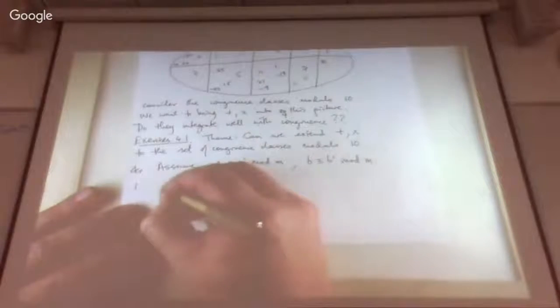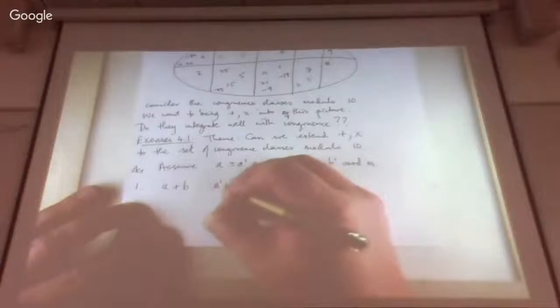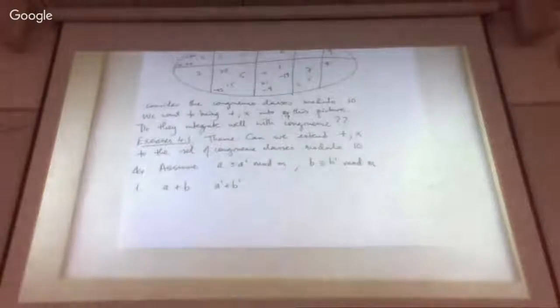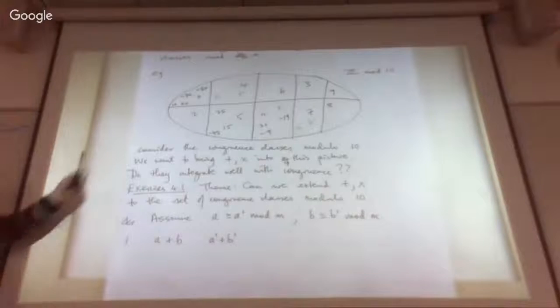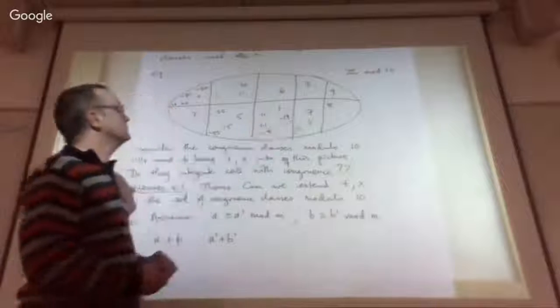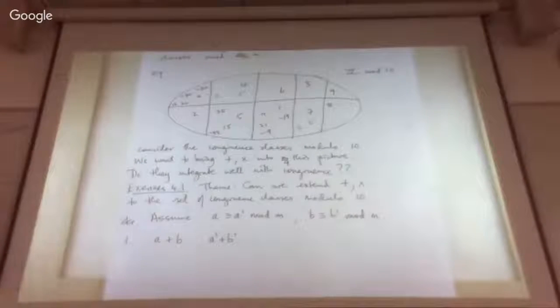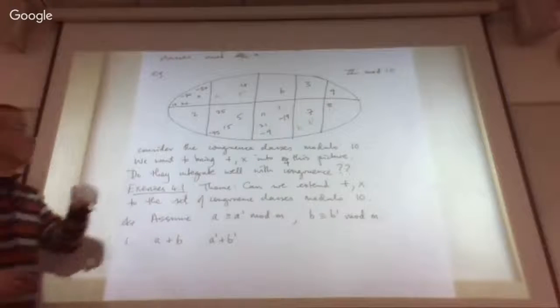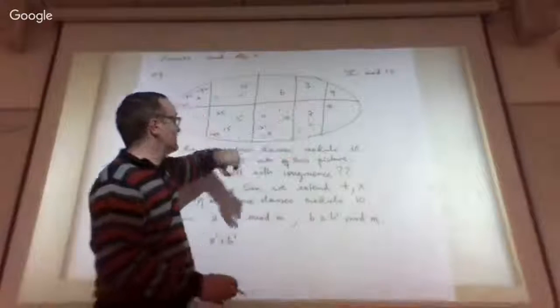So question 1 says, if you add A and B, and you add A prime and B prime, I'll probably get different answers. But the point is, I always end up in the same subset. Which one would it be? Well, 4 plus 7 is 11, which is 1.